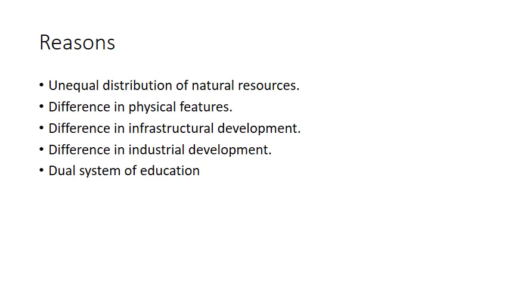Because of this difference in systems of education, different types and levels of human resources are produced. Because of this, some areas get more developed and some areas get less developed, and as a result economic disparity emerged in Pakistan.